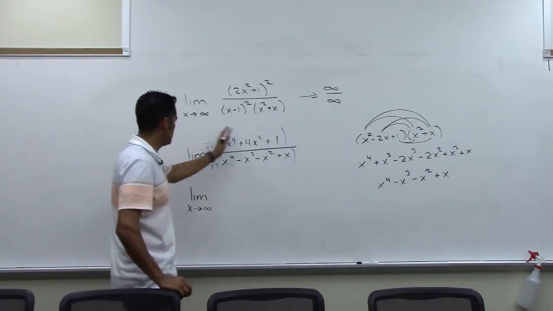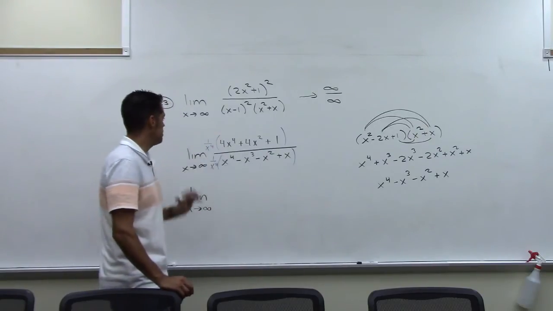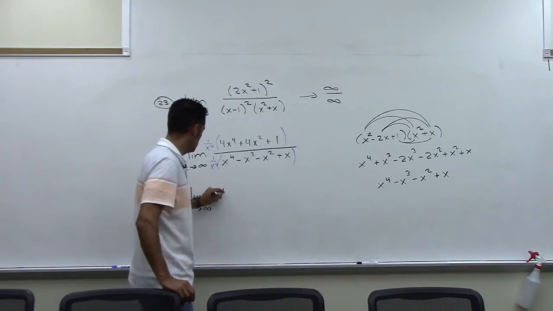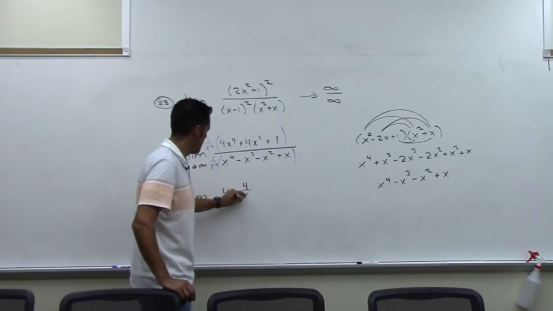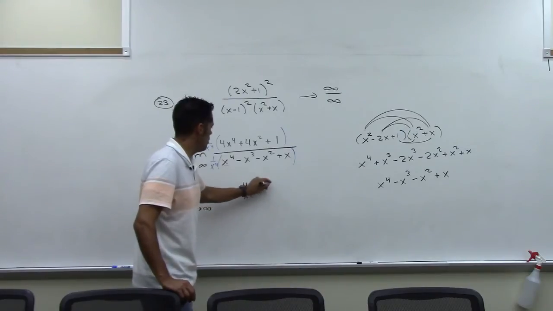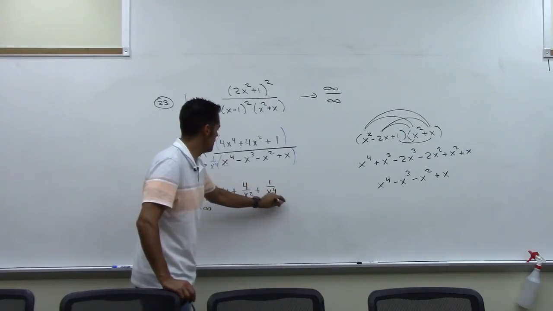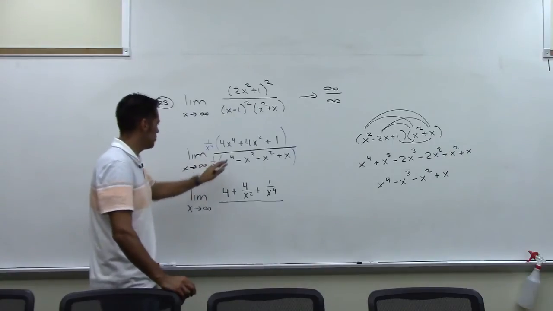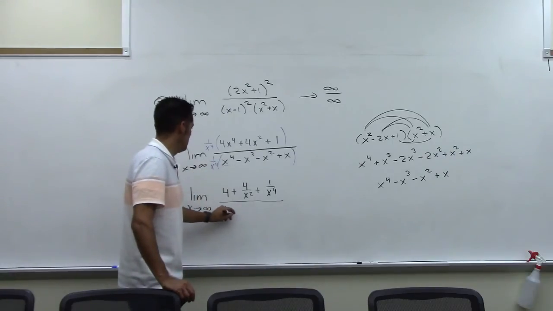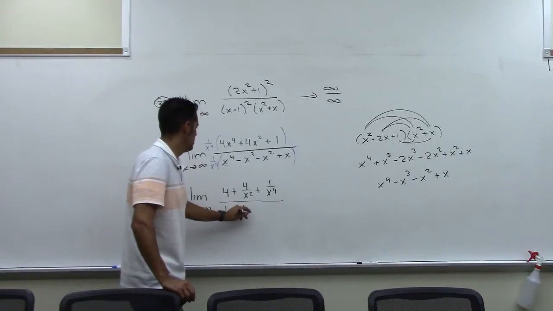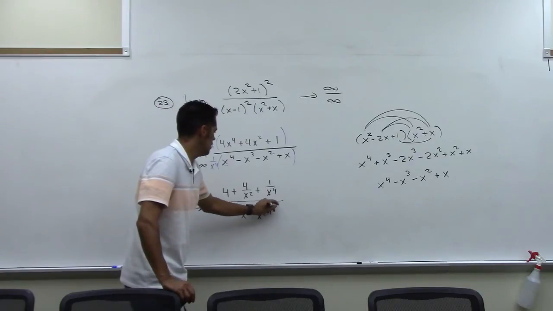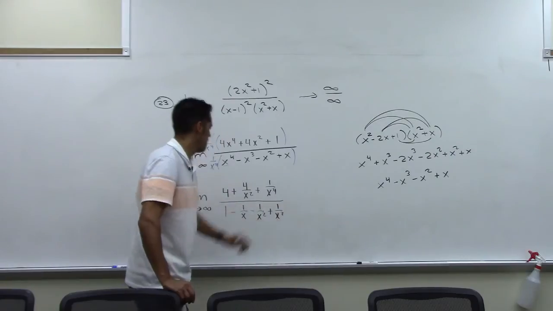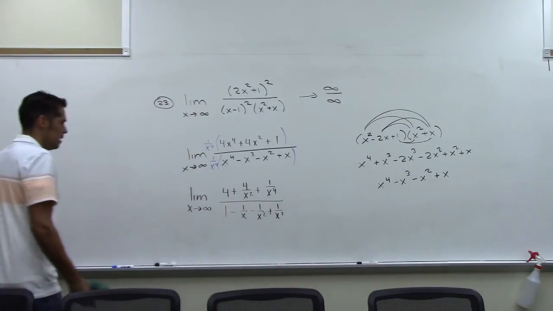When I pass it through the top, I'll let you do the computation yourself, but you should get 4 plus 4 over x squared plus 1 over x to the fourth, all over, and when I pass it through here, I get 1 minus 1 over x minus 1 over x squared plus 1 over x cubed. So that's what I get when I multiply through.